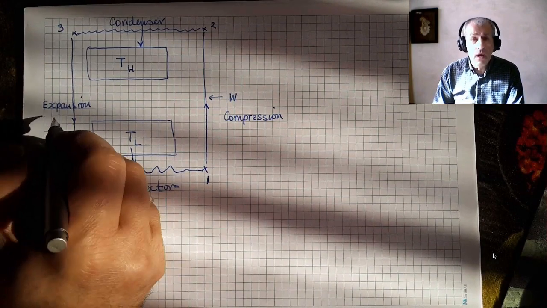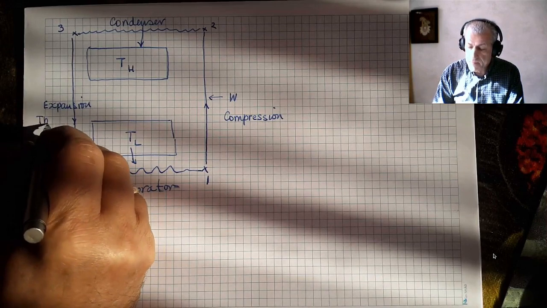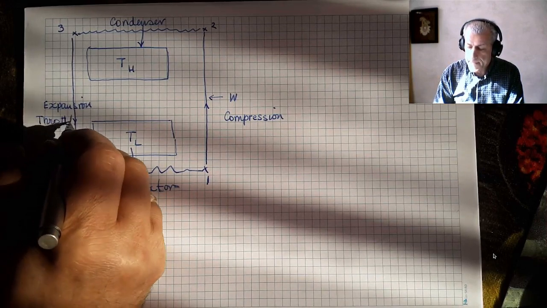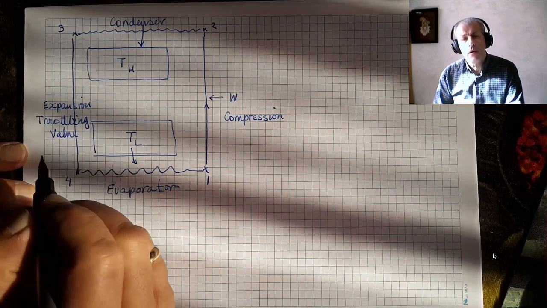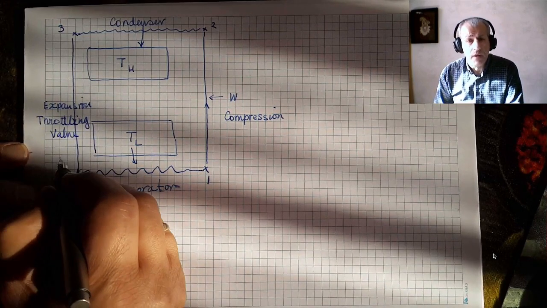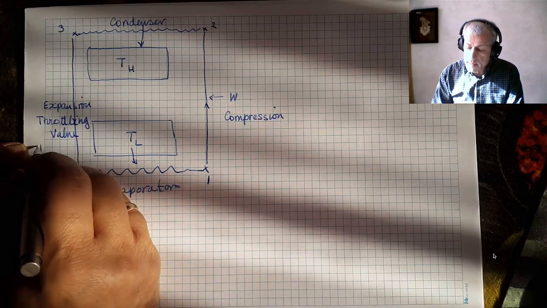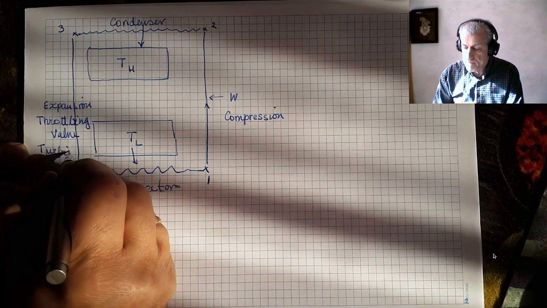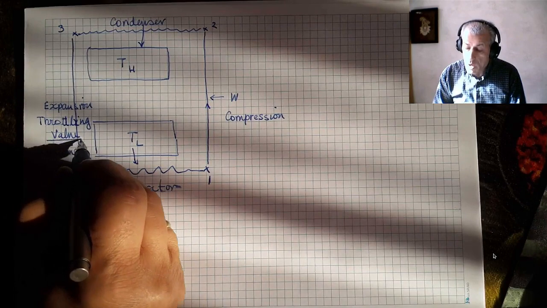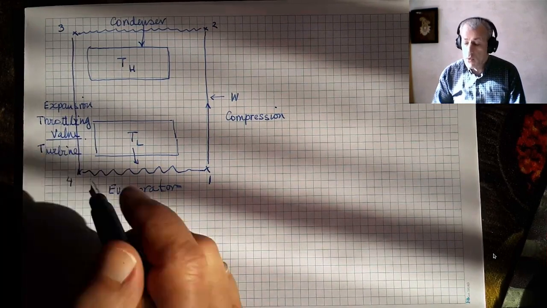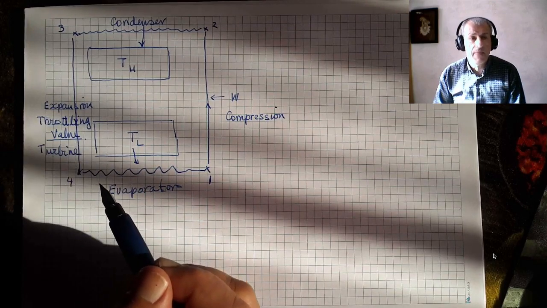It could be, and usually is, in a throttling valve, or if our medium is a gas, it could be done in a turbine. Both are used quite often. It's usually in a throttling valve, but sometimes it is in a turbine.